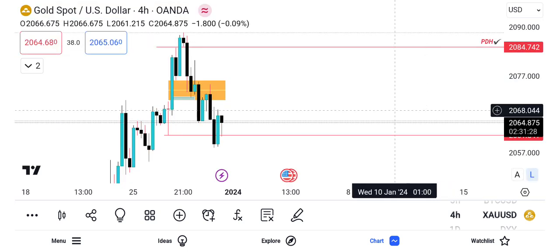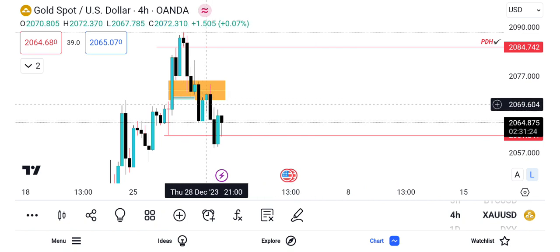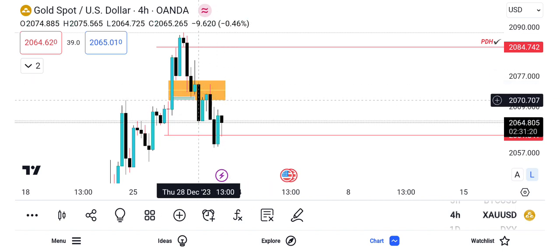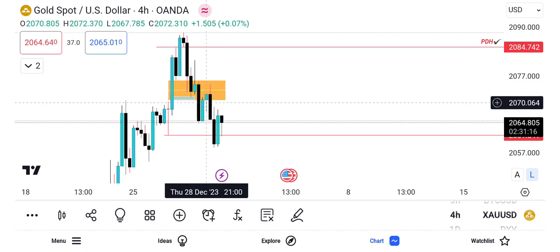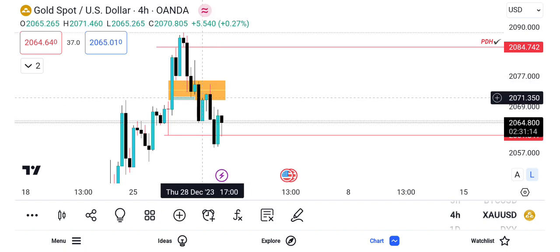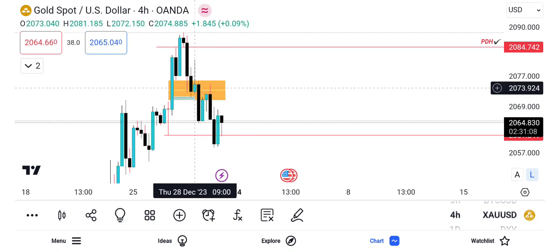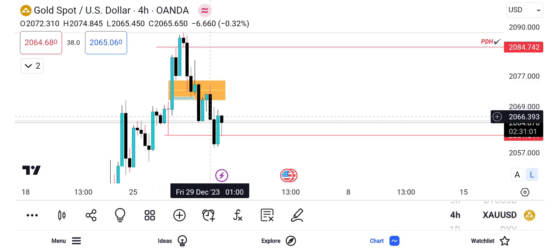This is the 4-hour fair value gap, and you can see how these candles were respecting the consequent encroachment, or the midpoint, of this fair value gap, whereby the bodies were telling the story but the wicks were doing the damage. The bodies were closing below the midpoint of this inversion fair value gap, but this wick tapped into this order block. Then we saw this rally, lower I mean.